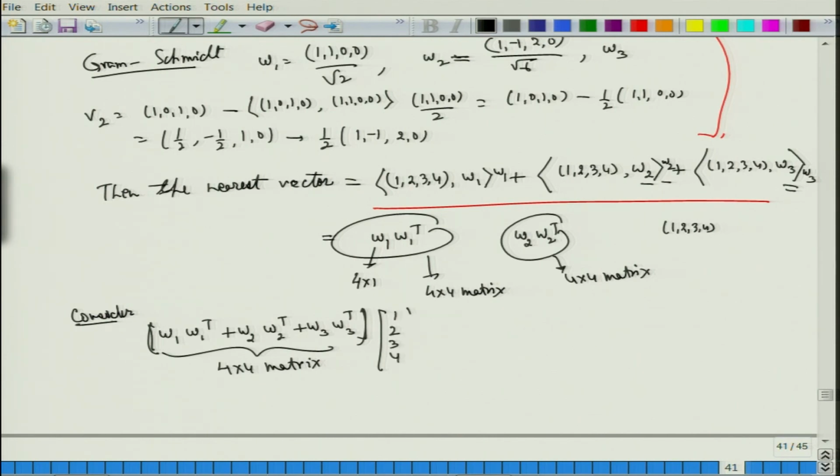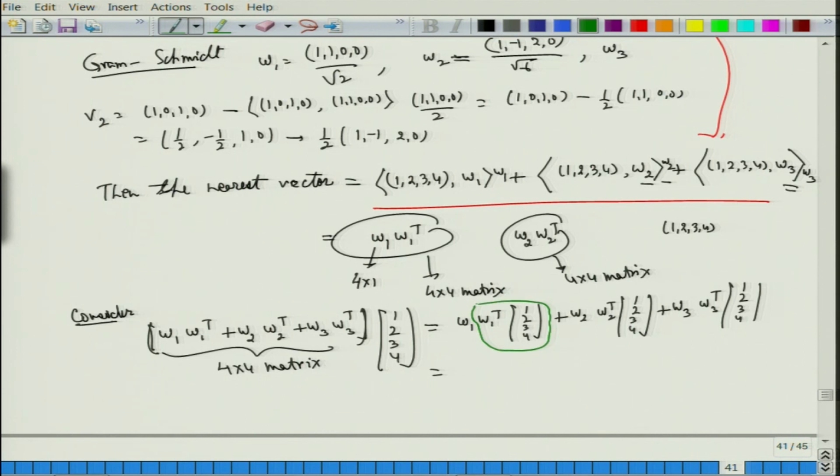What do I get? If I multiply this, what will I get? I will get W1 W1 transpose times 1, 2, 3, 4 plus W2 W2 transpose times 1, 2, 3, 4 plus W3 W3 transpose times 1, 2, 3, 4.